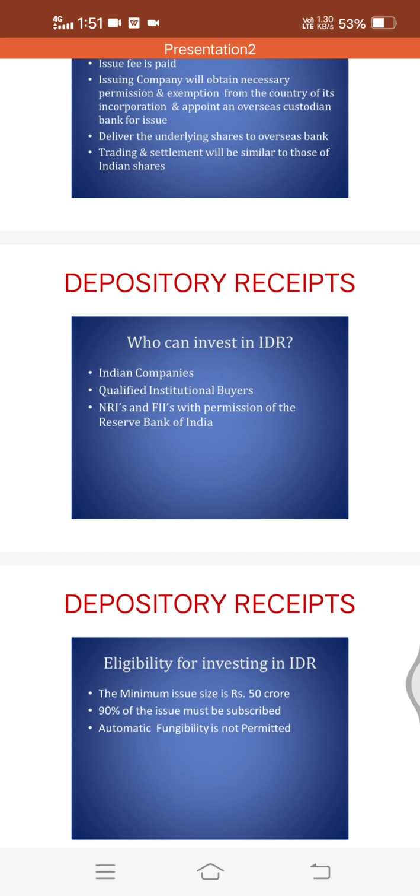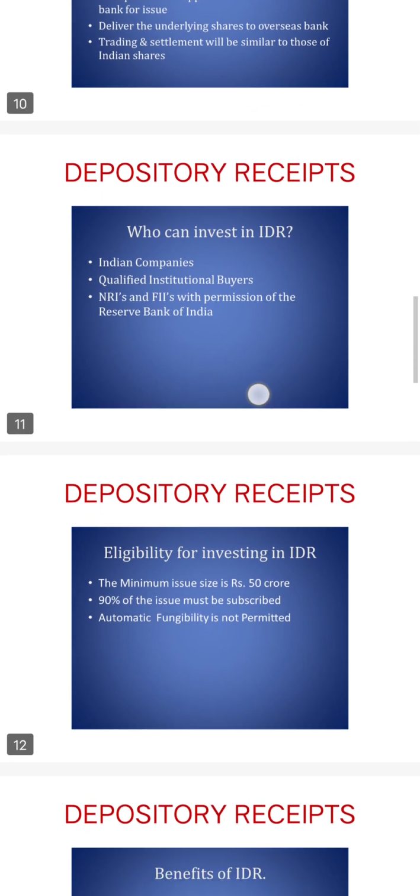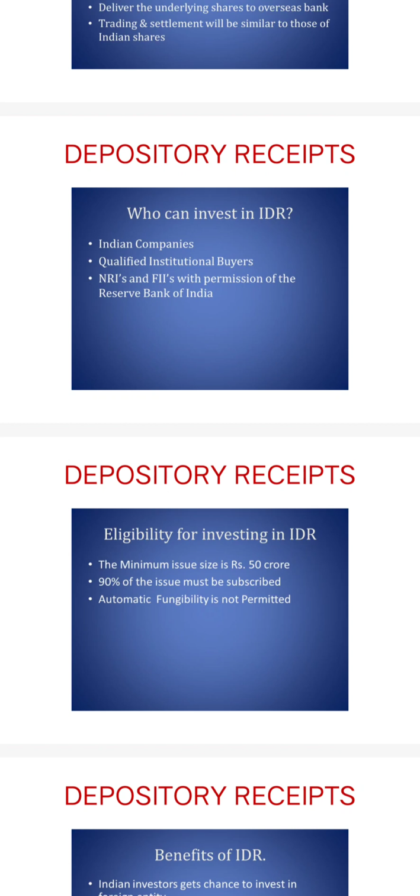Then who can invest in IDR? Indian companies can invest in IDR, then qualified institutional buyers can invest in IDR, then NRIs and FIIs with permission of the Reserve Bank of India can invest in IDR.